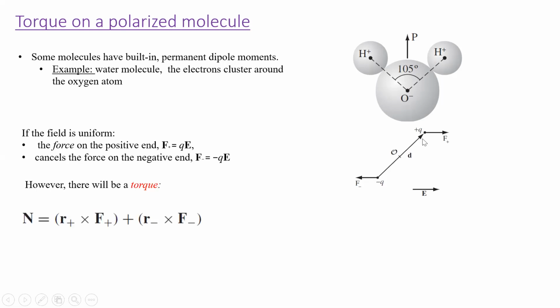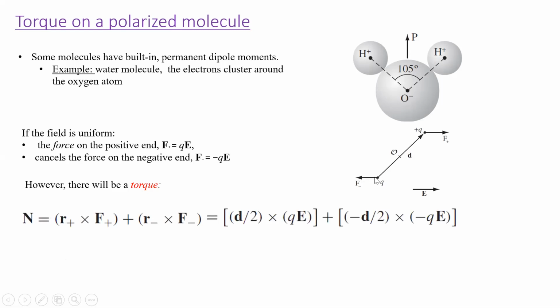Okay, so there will be a torque, which is given by the radius. Torque is, remember, r cross F. So it would be the radius to the plus charge cross F plus, plus the radius to the minus charge cross F minus.